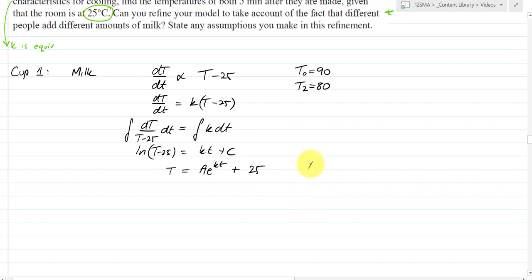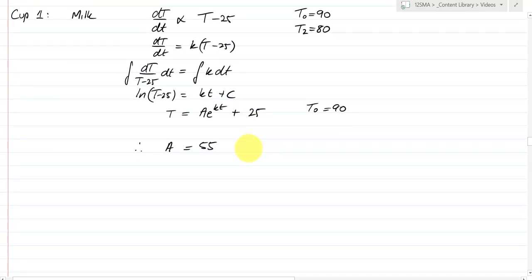Now, T0 equals 90, that will lead to A equal to 90 minus 25, which is 55. So I'm just going to jump straight to that.